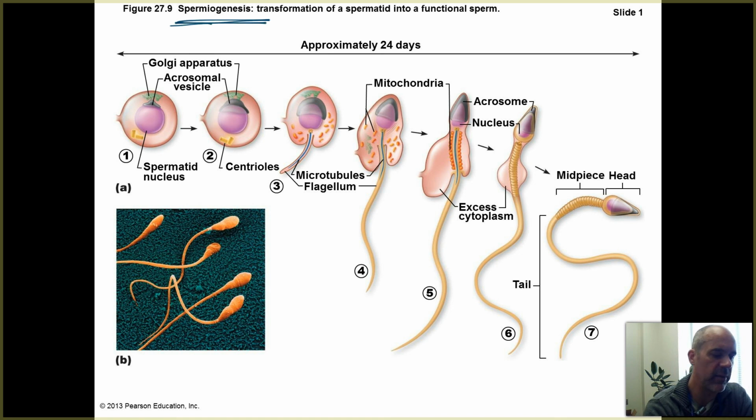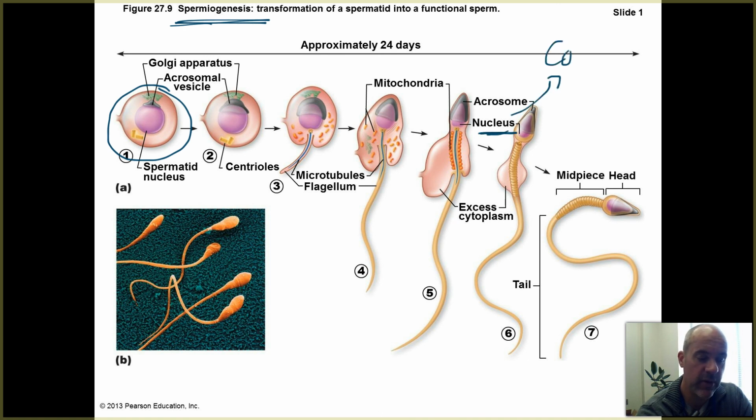So again, this is the spermiogenesis process. You don't have to memorize all these different changes, but you can see how the sperm head is much smaller than the spermatid that emerges after meiosis. On the inside of that sperm head, you can see the nucleus.